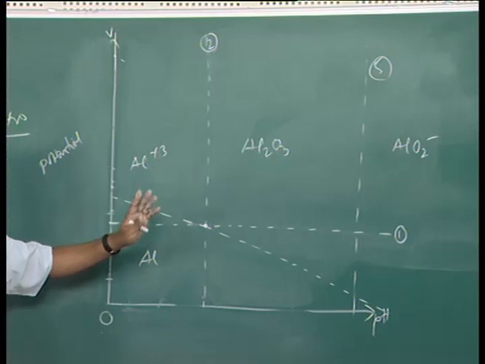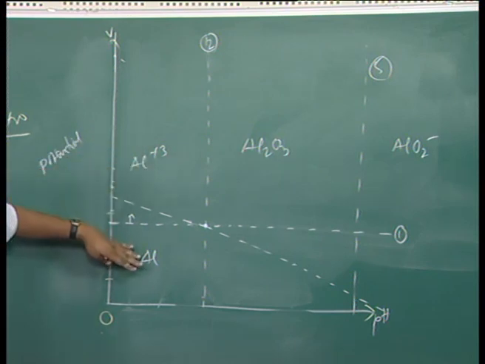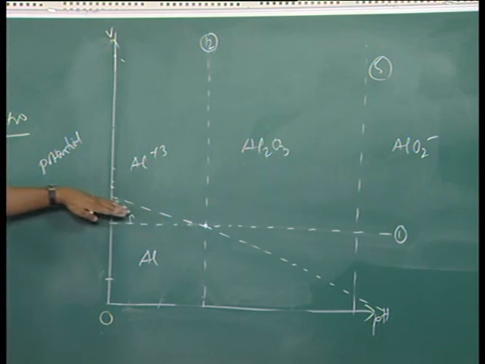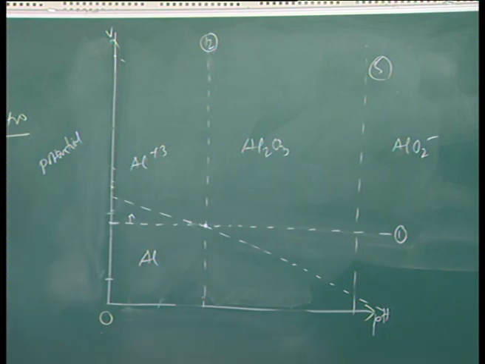So, left of that line there will not be any Al2O3, and at the same time this line indicates the equilibrium between Al and Al2O3. So, this line will have a virtual presence, but actually it will not be present in the diagram. So, since it is not actually present in the diagram, we will just put a dotted part here.